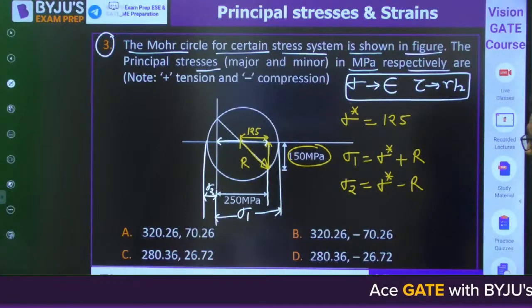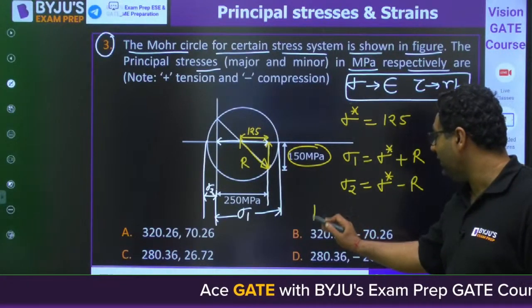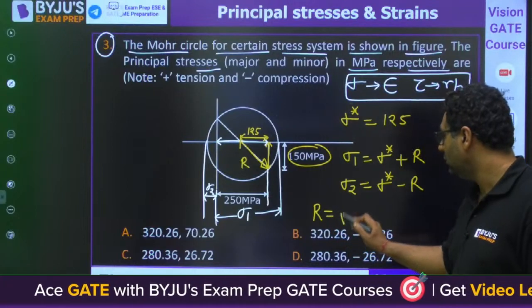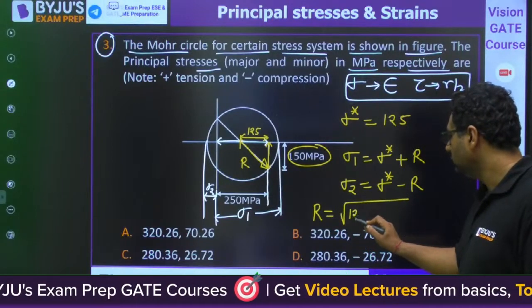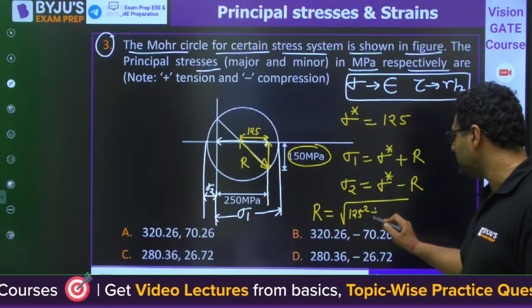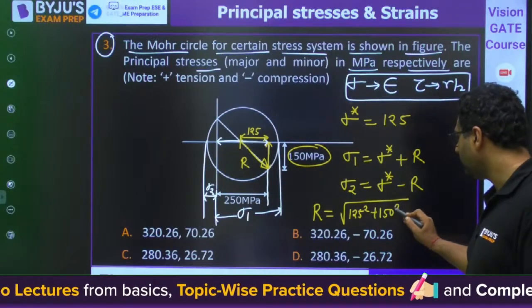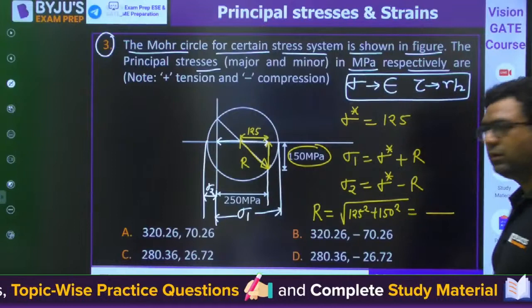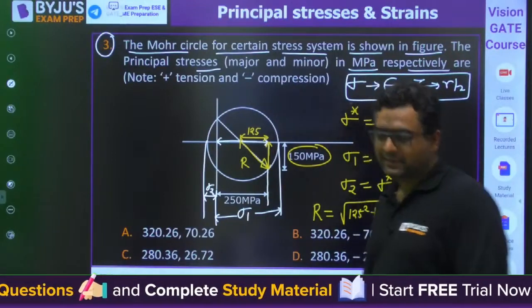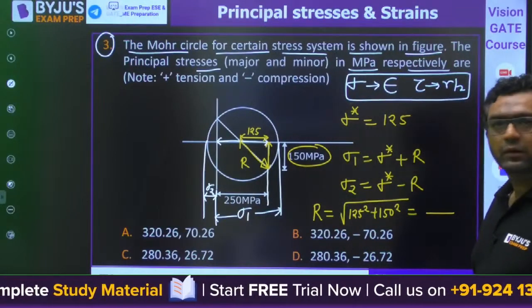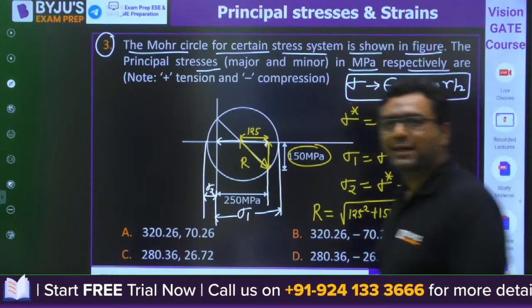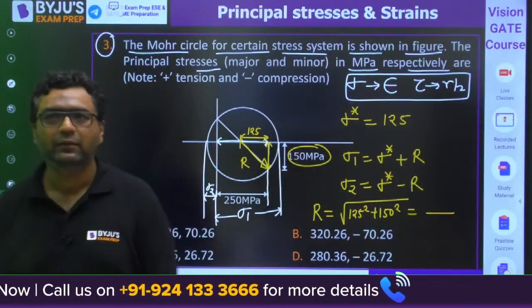So dear, what are you getting as radius? Square root of 125 squared plus 150 squared. Malesh is saying B. Some are saying A, some are saying B.